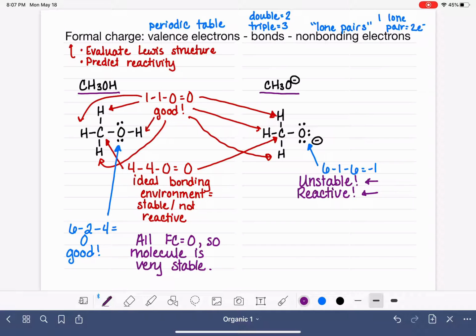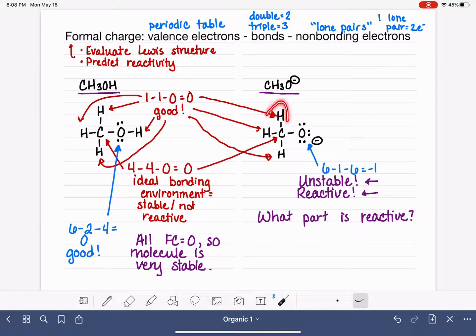And so not only can we use Lewis structures to predict the reactivity, we can also get really specific about the reactivity. What part of the molecule is reactive? We can figure that out just by looking at the location of the formal charge.